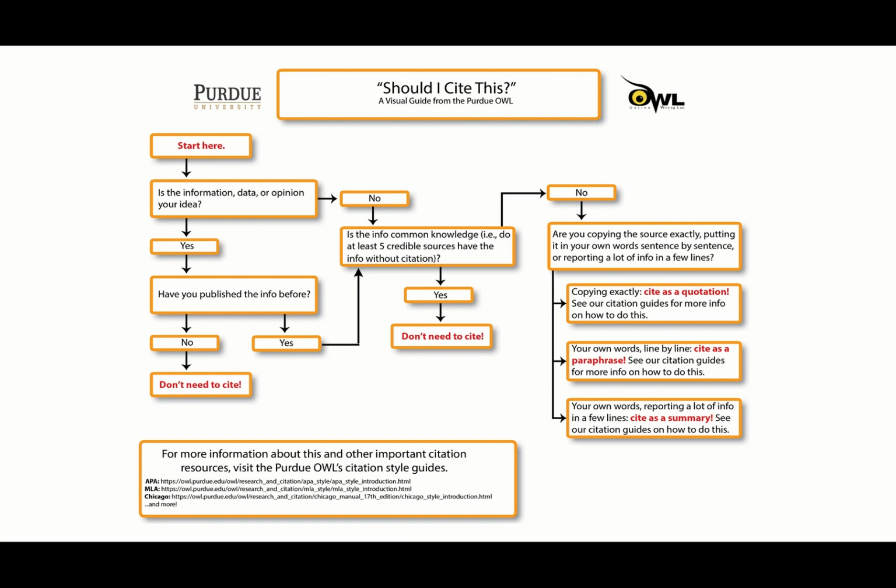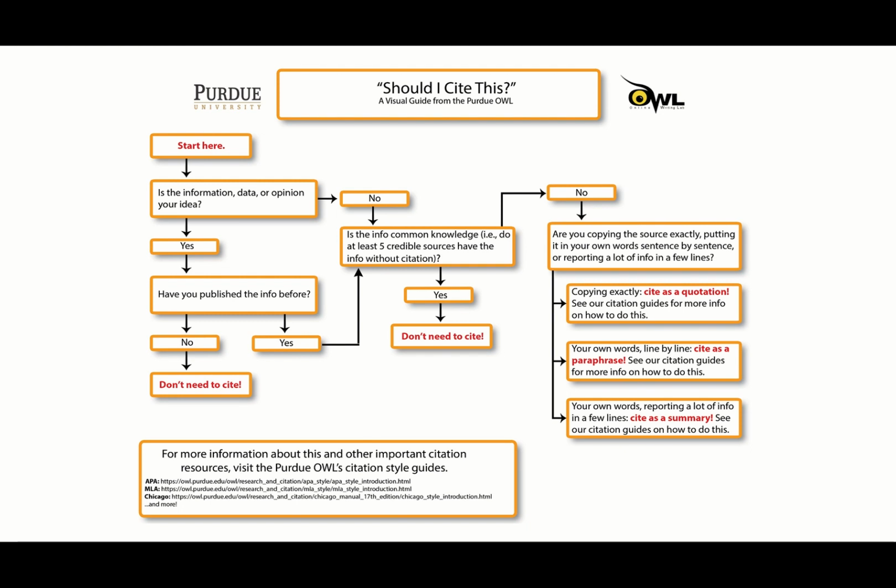The other time that you're not really going to need to cite is if the information is common knowledge. So do at least 5 credible sources have the information without a citation? So a really basic example of common knowledge would be definitions of any terms that we use every day.